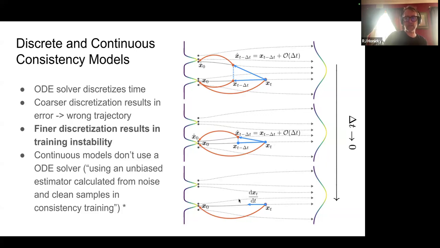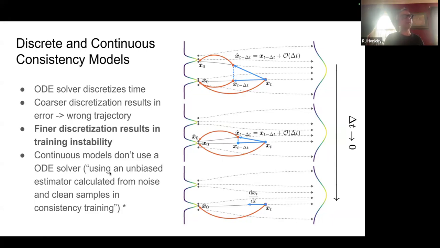And then in continuous time, in theory, because your discretization is infinitely small, it's quote unquote impossible to get on the wrong trajectory, although there are still obviously ways that you can. But that's the theory anyway. I was scratching my head a little bit. I didn't see the ODE solver; the continuous models don't use an ODE solver.